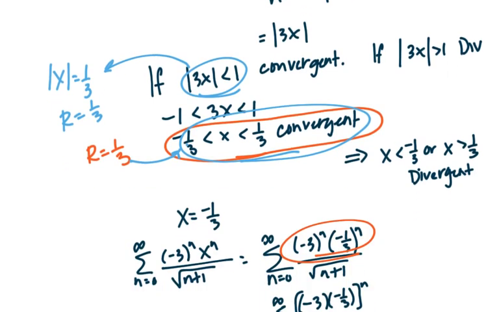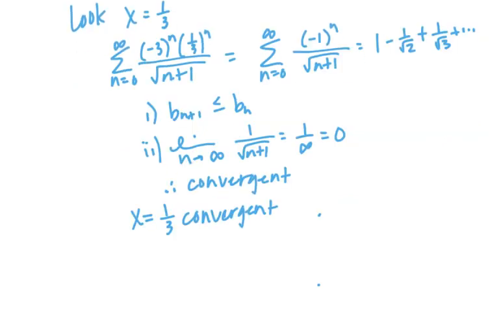And then we had that interval, negative 1/3 to positive 1/3, but we had to check our endpoints. And we found that x equals negative 1/3 is divergent. And x equals positive 1/3 is convergent. So that means our interval would be including the positive 1/3. So we're going to write this nicely over here.